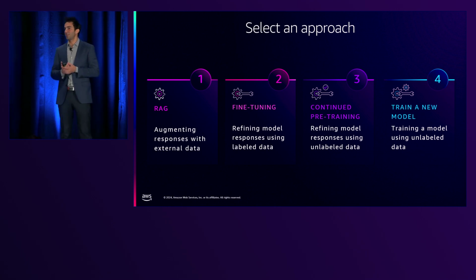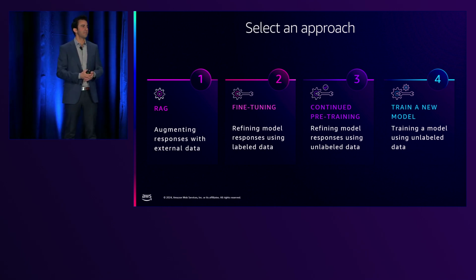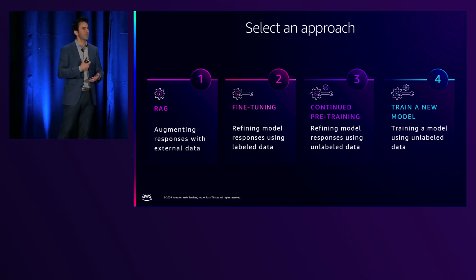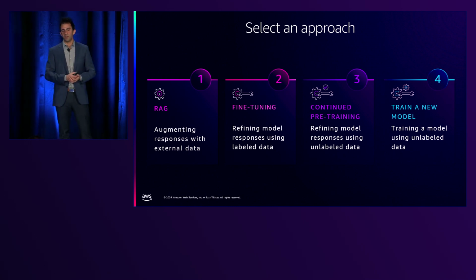We talked about fine-tuning and how you can label data and teach an existing model how to do a specialized task and some of the process that's involved in preparing that data as well. And then for continued pre-training or training your own model from scratch, we talked a little bit about how that allows you to really get accurate results on an existing model, or if an existing model doesn't exist, to make sure you have something to meet your needs.